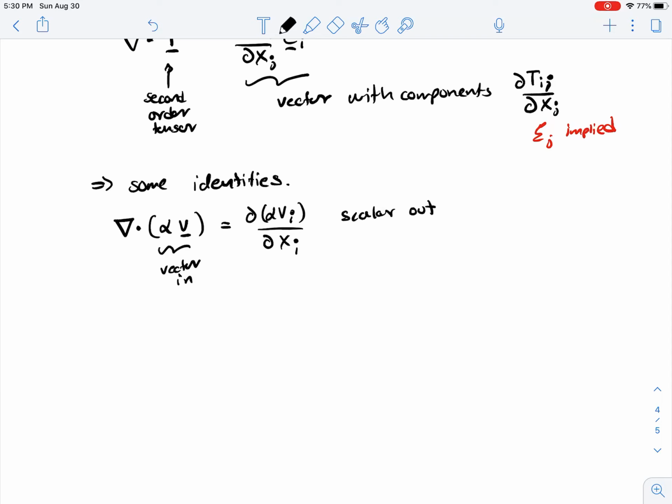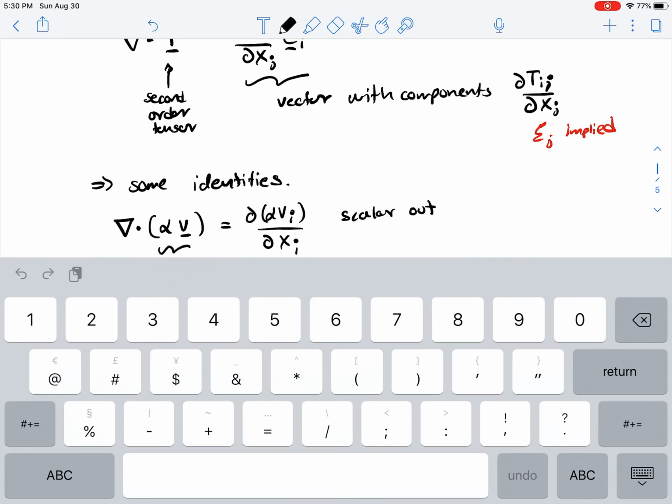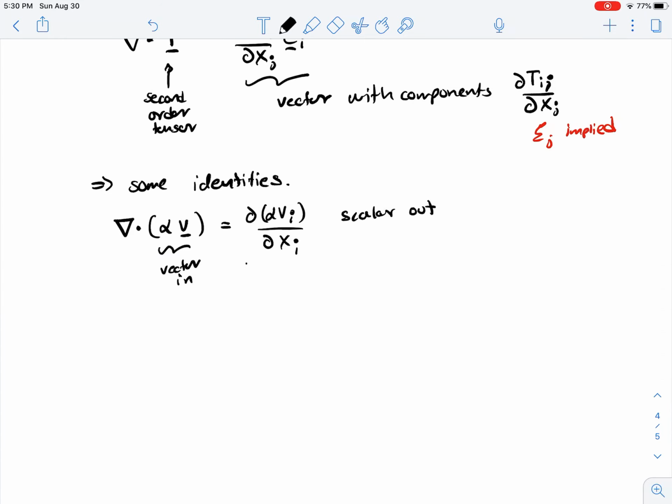But now the scalar is given by the sum of these derivatives where we have a product of two things, alpha and v_i, so we have to use the product rule. I guess I said chain rule last time, but it's product rule.